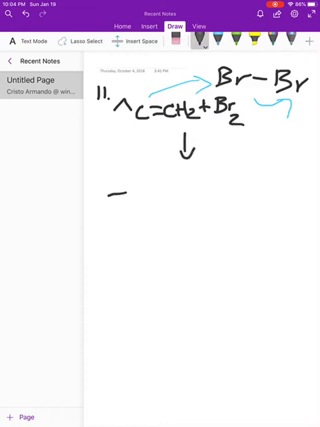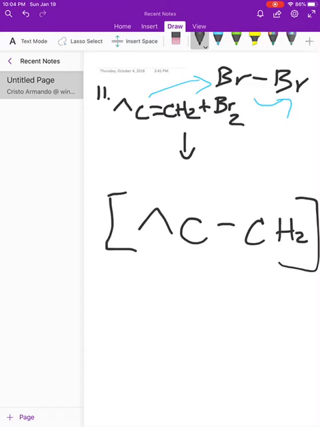So I'm going to draw the intermediate. We have a positive charge here.